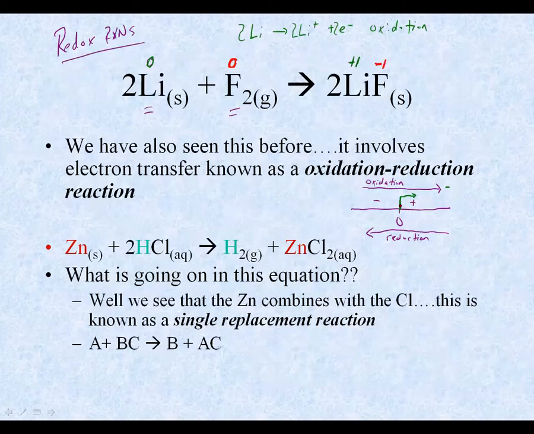You can start here at 0, and -1 would be in this direction, which tells you that it is going through reduction. And the fluorine is basically gaining electrons, which means you could write a reaction like 2 electrons plus the 2 fluorine, F2, gives you 2F minus, and this would be your reduction half reaction. Up here, this would be your oxidation half reaction.